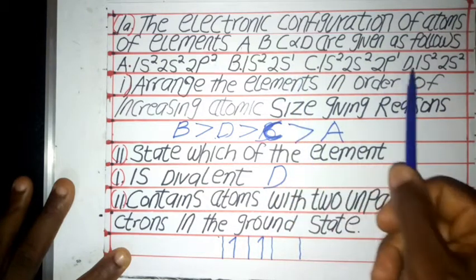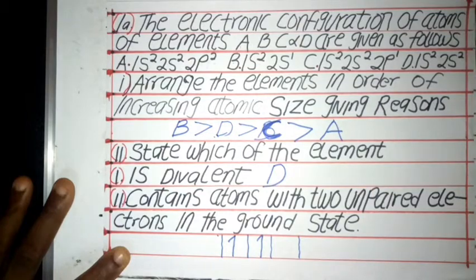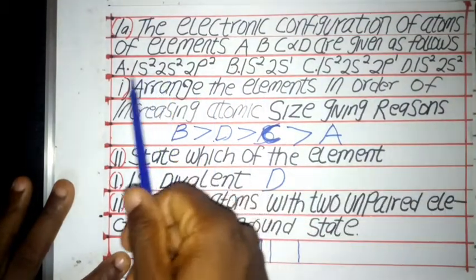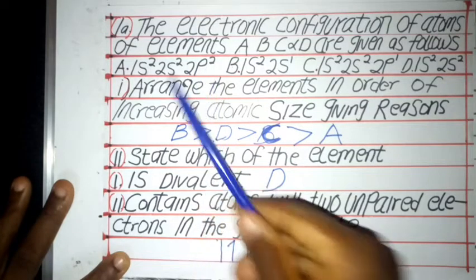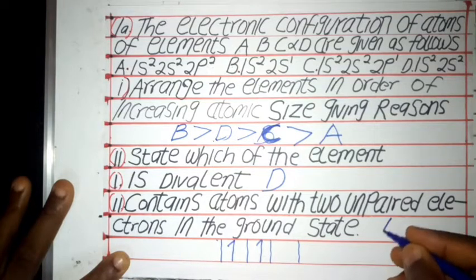That is 1 unpaired. Coming here now, P, just 1 unpaired. Coming here, it is full. So the answer has to be carbon, because it has 2 unpaired electrons in this p shell. So the answer would be A.